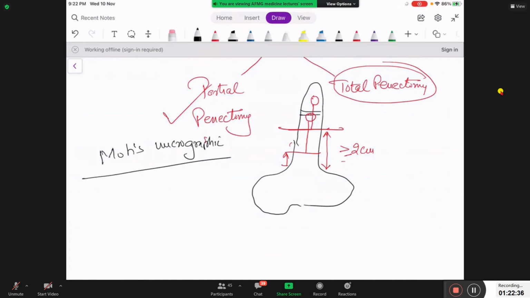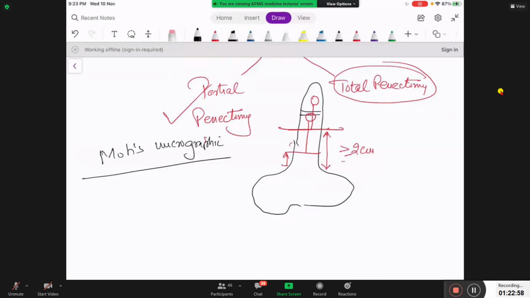What do we do in this? We make pathologists sit in the operating room, obviously with a microscope.